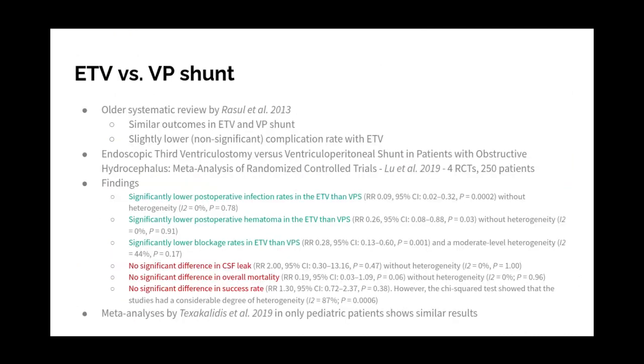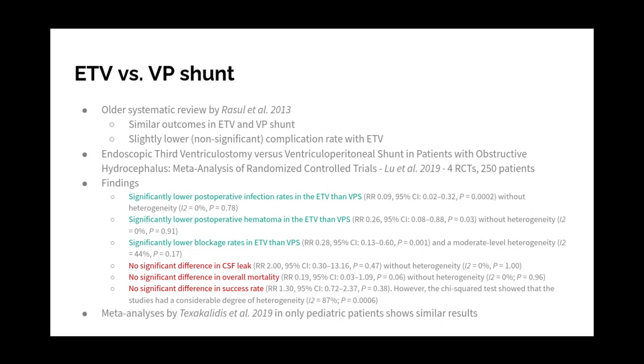So what about the literature for ETV versus the traditional VP shunts that we oftentimes see? There were older systematic reviews done, one back in 2013, that showed fairly similar outcomes with maybe a slightly lower rate of complications in the ETV group, but not really statistically significant.